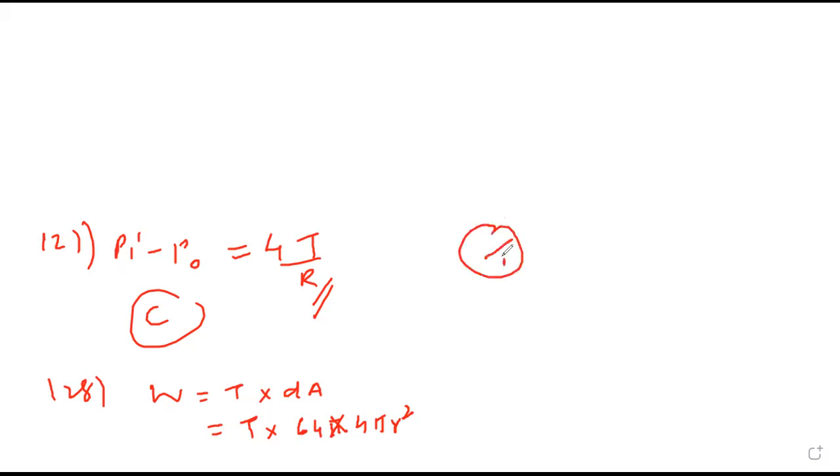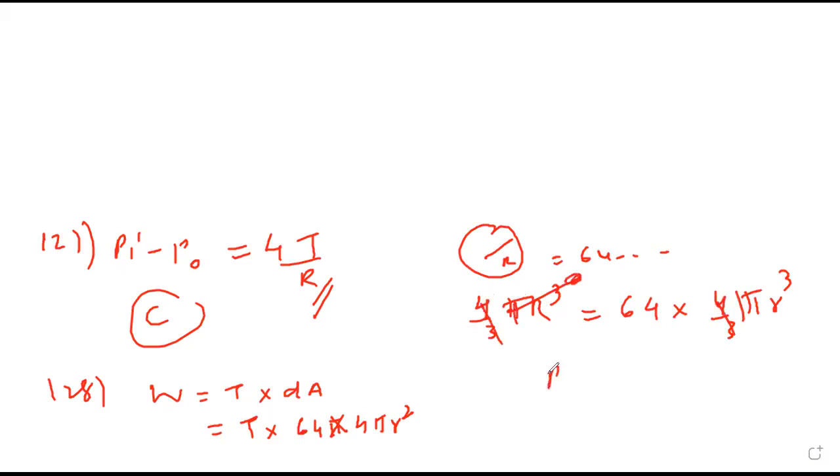Volume is conserved: 4 by 3 pi R cube equals 64 into 4 by 3 pi r cube. The 4 pi by 3 will get cancelled. So R equals 4 times r. Therefore, what is the energy needed to break this drop into 64 droplets?